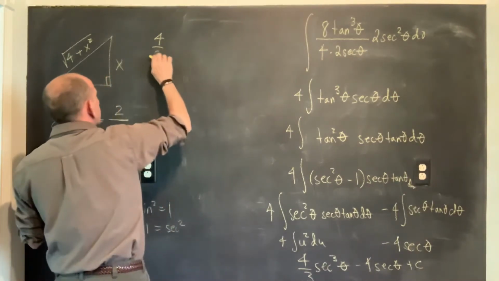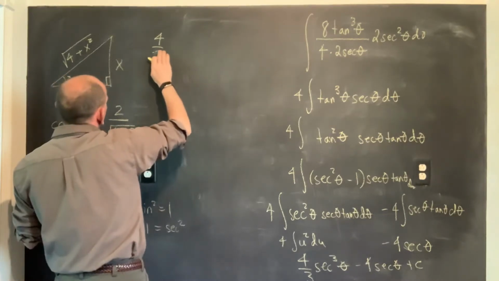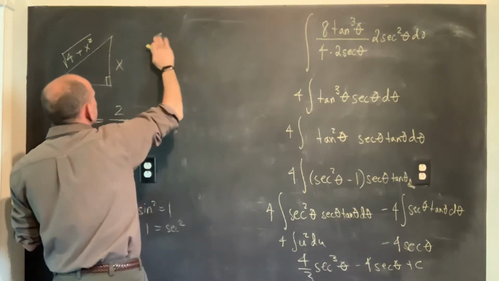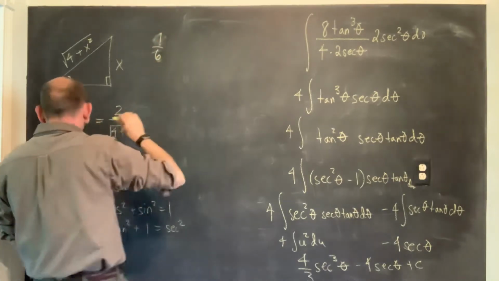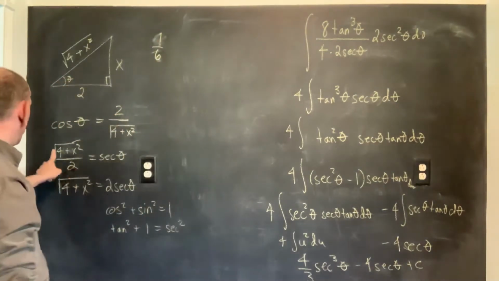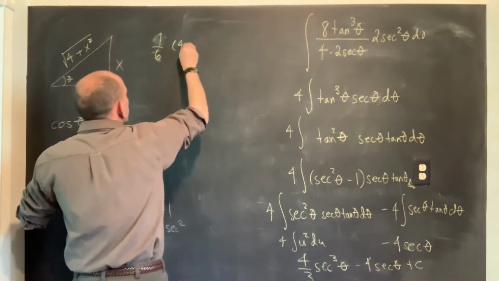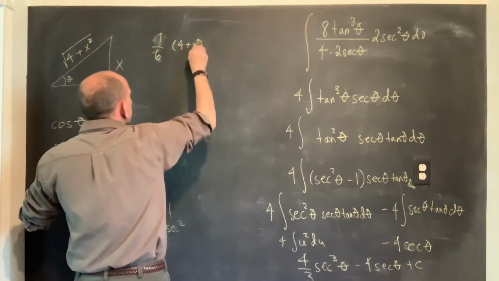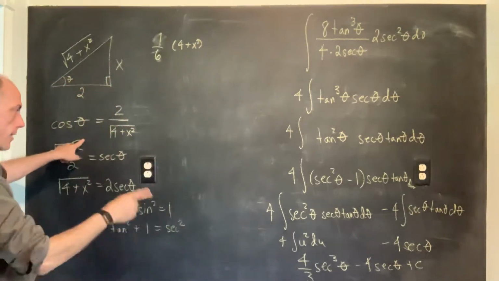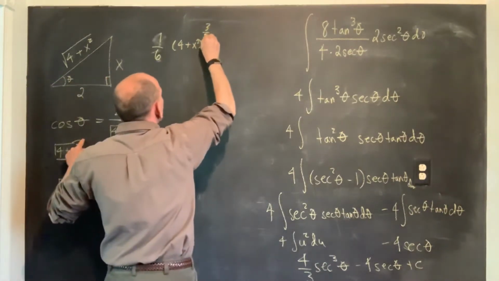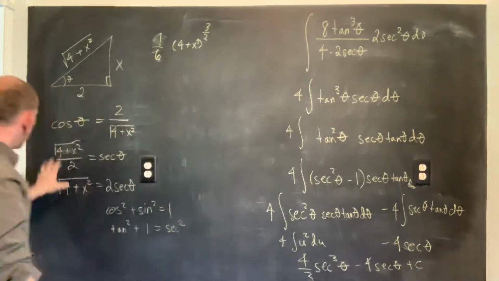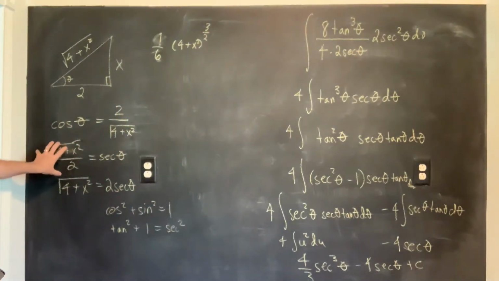So this would be over 24, 4 over 24, 2 over 12, 1 over 6. And then we have 4 plus x squared to the 3/2 power. So I've just cubed that up, right?